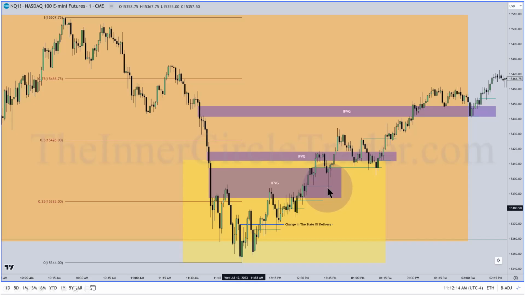It drops down, takes out that liquidity, also respecting consequent encroachment of this fair value gap. Then rallies. It rallies to this high and through this inversion fair value gap, comes back down, support, support, rallies back up. What is it creating? What's it creating here? Short-term low.